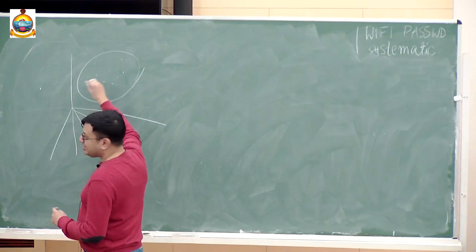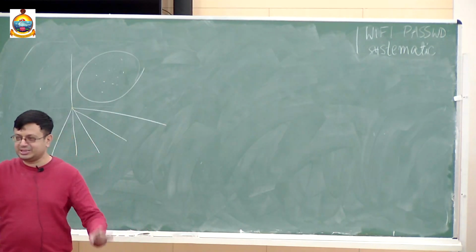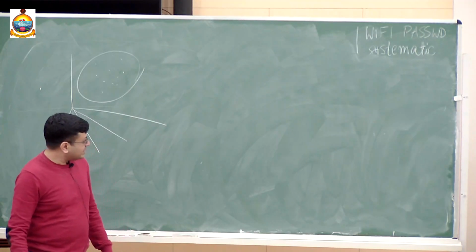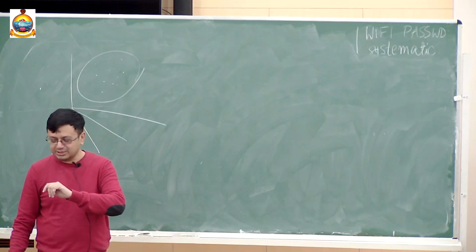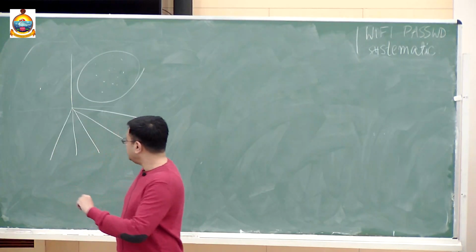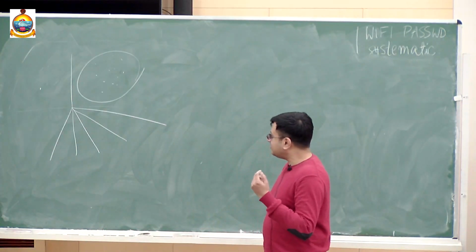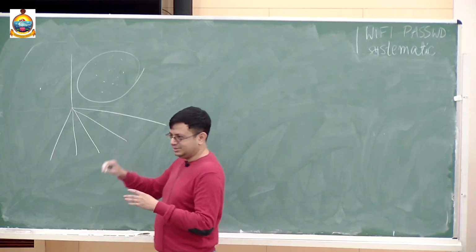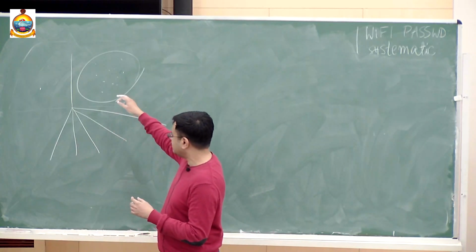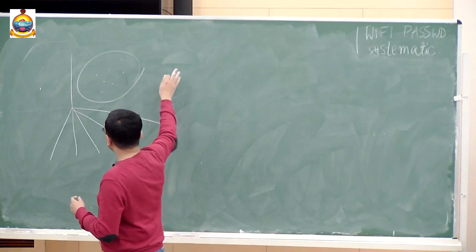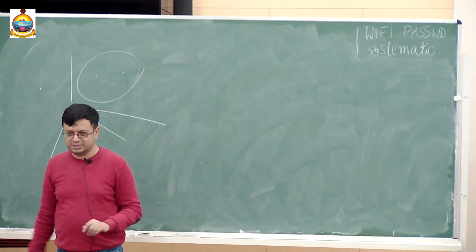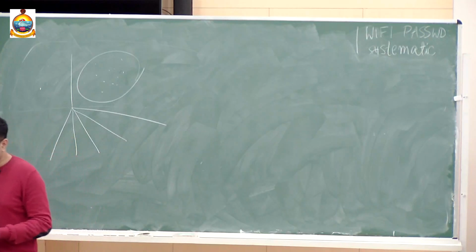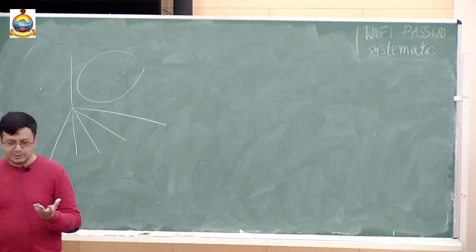Okay. So now that you have this collection of points on this hypersurface, and you don't know where they are, how they are distributed, I should think of a way to characterize this system. Characterize this collection of points, that there is this hypersurface and these points are distributed on the hypersurface.